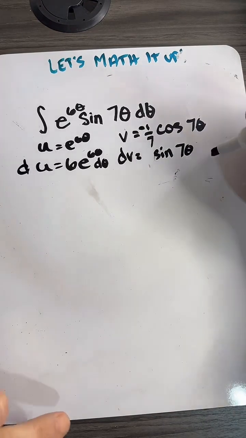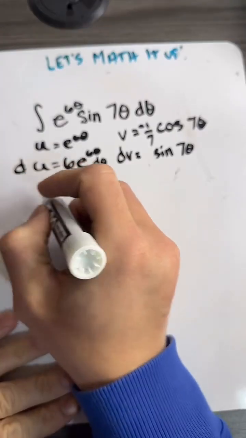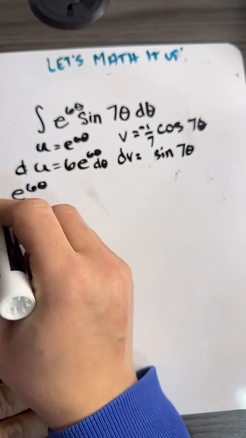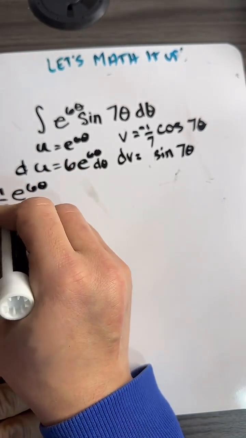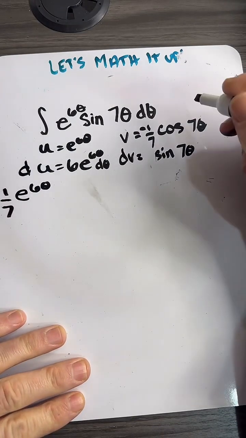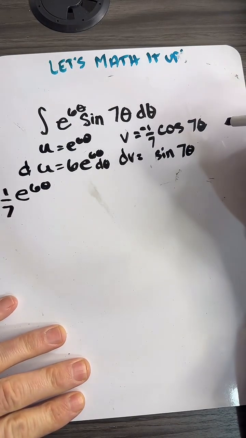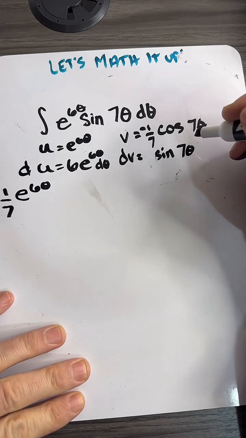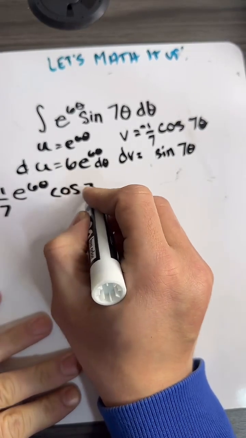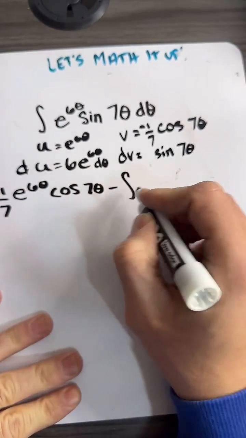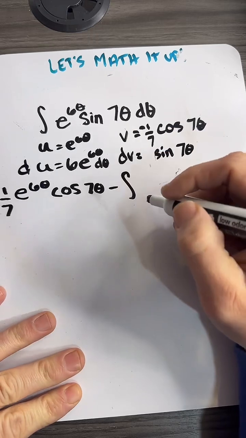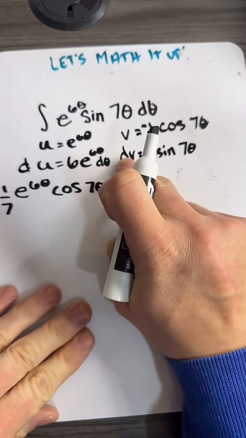All right, so I've got uv, okay, uv, sorry, just making sure everything looks good. uv minus v du, so it's going to be plus 6/7.